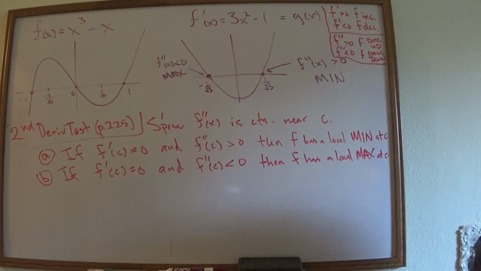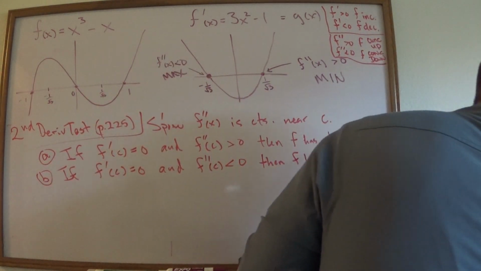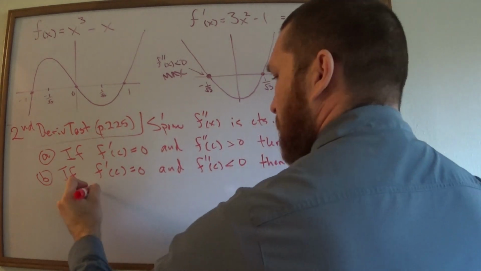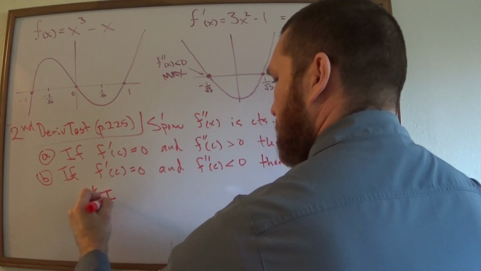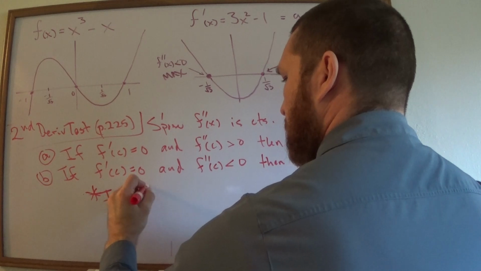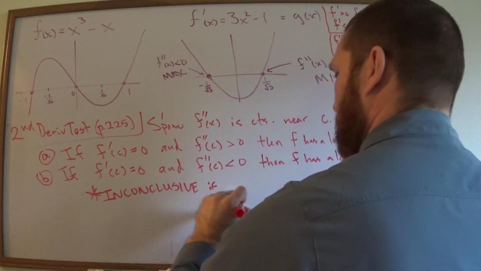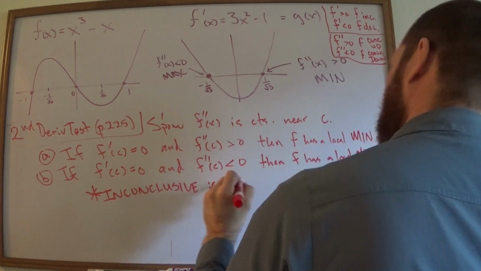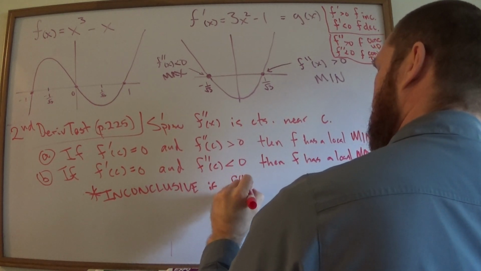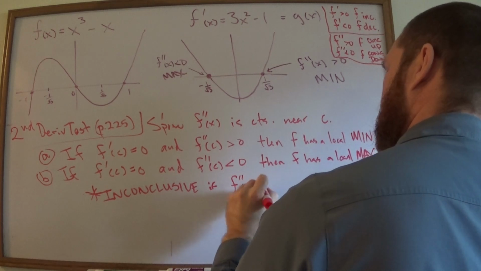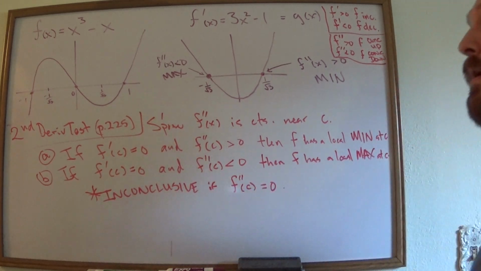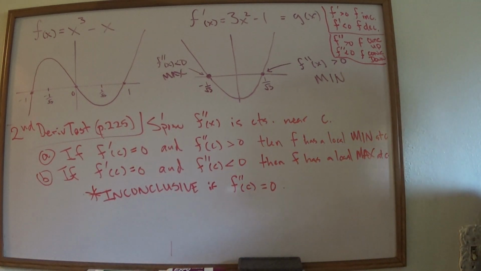It must be a max. Now, careful. This test is inconclusive if f double prime at C is equal to 0. All bets are off. You cannot tell one way or another.